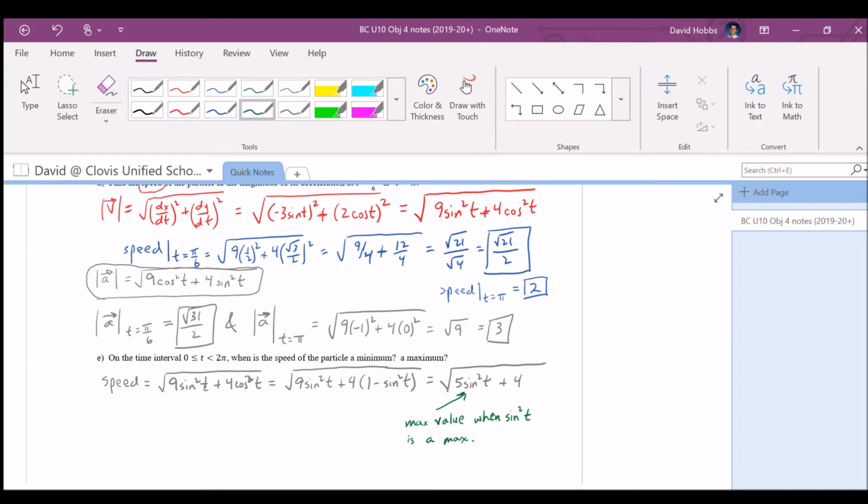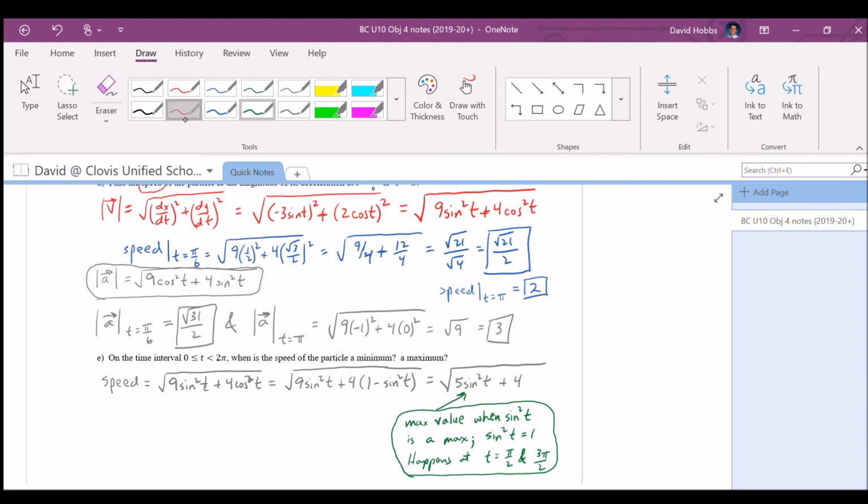So sine squared t equals 1 is when we get the max, and that happens at sine t equal to 1 at t equals pi over 2, and sine t equal to negative 1 at 3 pi over 2. So here's when we're getting our maximum value.